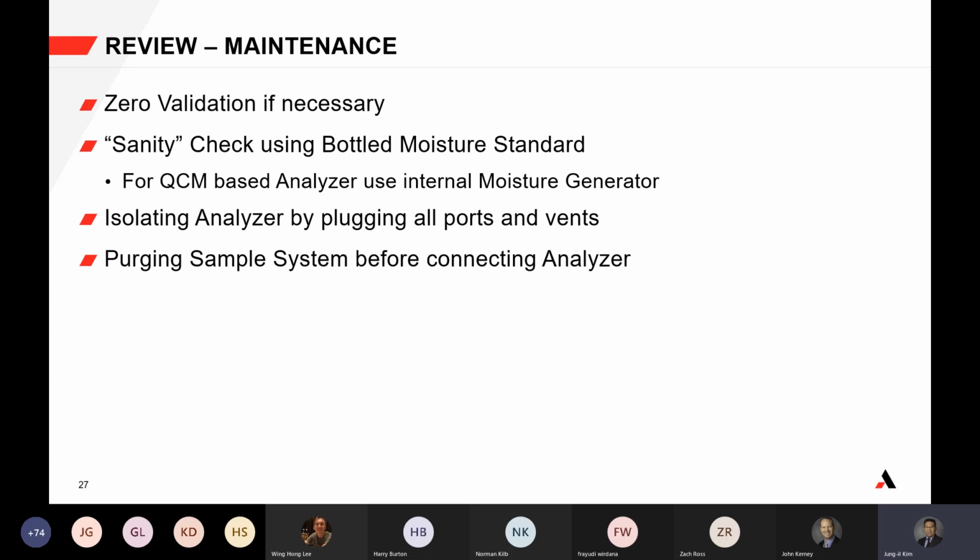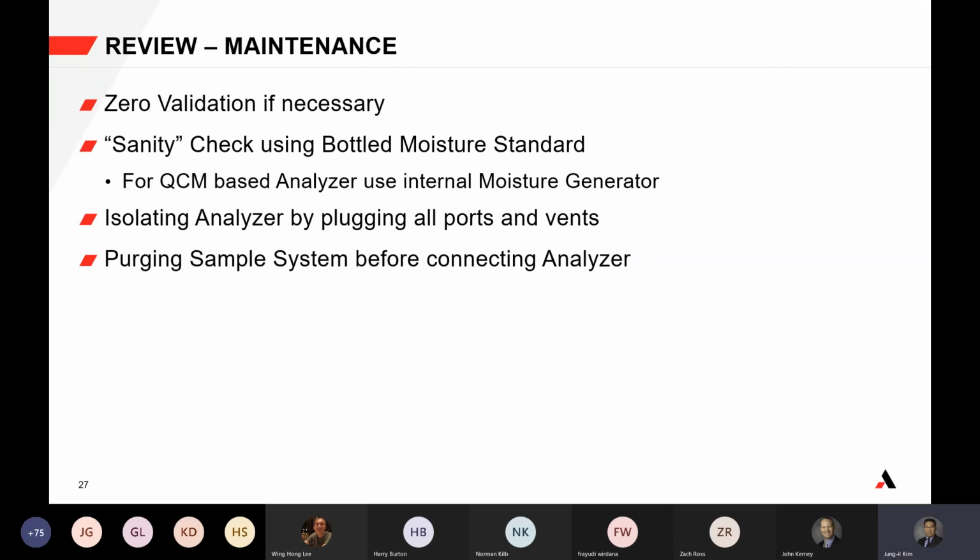The flow is controlled by using a proportional valve and a capillary, which is basically a restriction. Any foreign material in the sample system could partially block the restriction and cause flow imbalances.